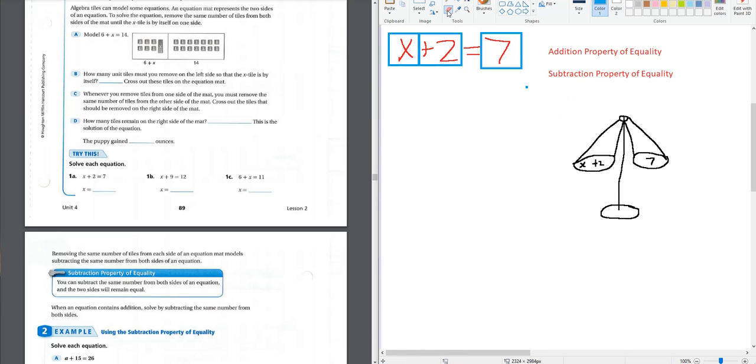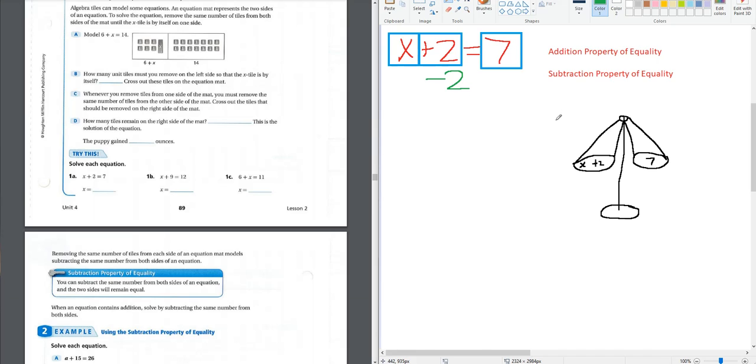Now, I want to get rid of this term because it's not my variable. I want my variable to be the only thing on my left side. So I'm going to get rid of it. Now, how do I get rid of plus 2? Well, if I want to cancel it out, I want to do the opposite of whatever it was doing, minus 2.